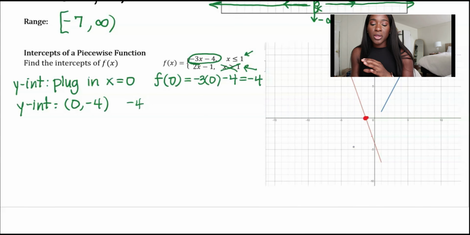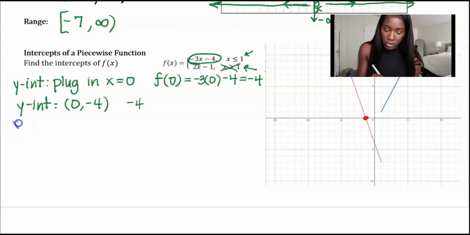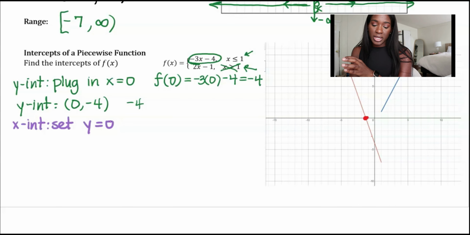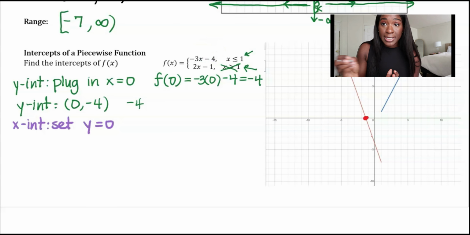So I want to show you how you can understand that algebraically. In terms of finding x-intercepts, you set the function equal to 0. That is always true in general. For x-intercepts, you set y equal to 0. A function will only have an x-intercept when the y-coordinate is 0. So that means set the function equal to 0. So I'm going to set both pieces equal to 0. The function has two pieces.